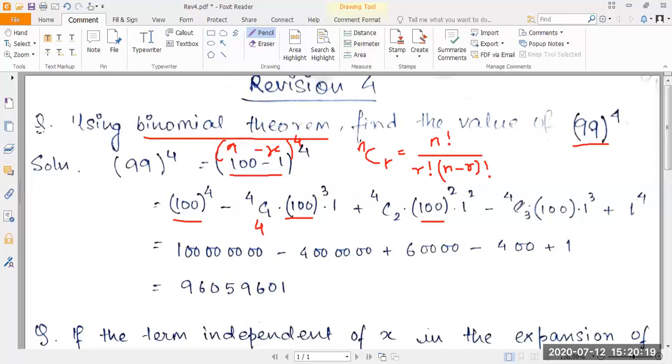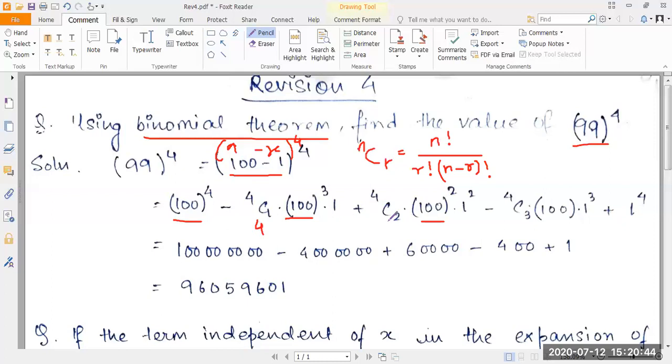So using this relation, 4C1 is 4 factorial by 1 factorial into (4 minus 1) factorial. 1 factorial is essentially 1, so we get 4 factorial by 3 factorial, and 4 factorial is actually 4 into 3 factorial. So the 3 factorial gets cancelled and we have 4C1 equals 4.